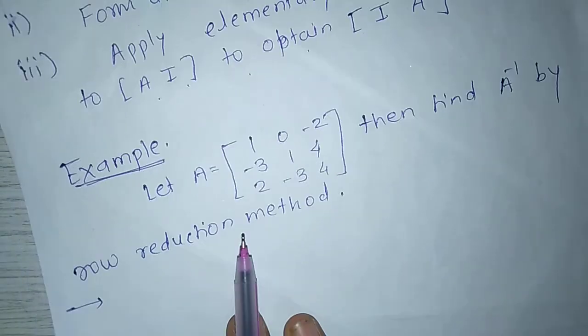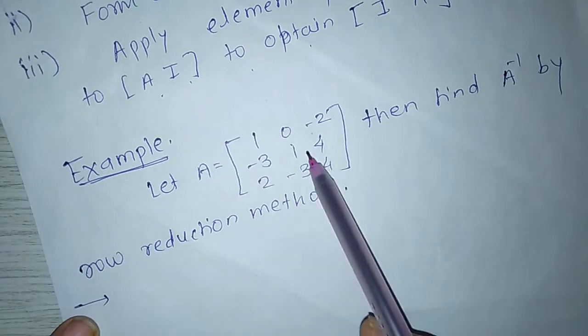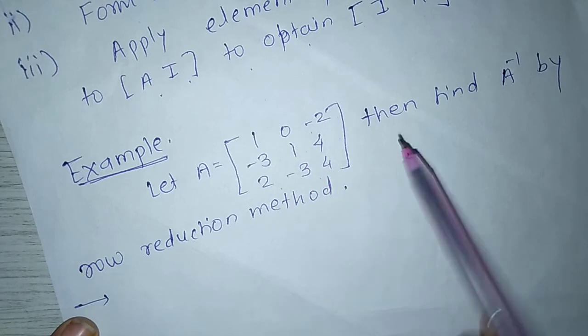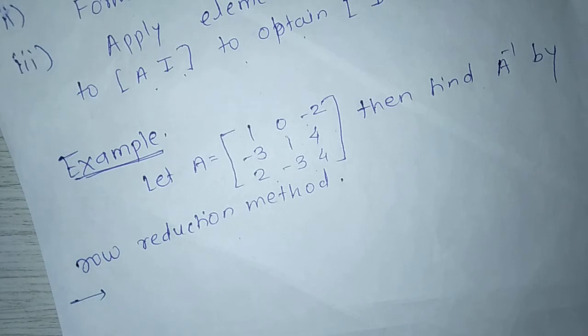Next example, let A equal to 1 0 minus 2, minus 3 1 4, 2 minus 3 4. Then find A inverse by row reduction method.